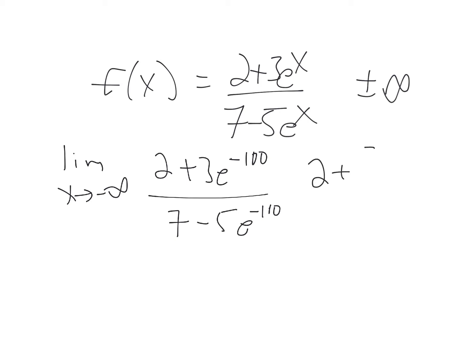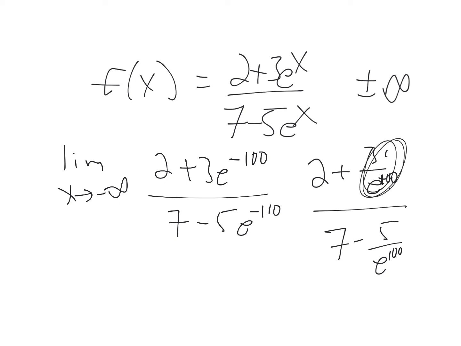So that becomes 2 over 3 e to the positive 100 over 7 minus 5 over e to the 100. Well, e to the 100 is a huge number. 3 divided by that huge number basically goes to 0. Same thing there. So as with a polynomial, we could say the horizontal asymptote is 2/7.